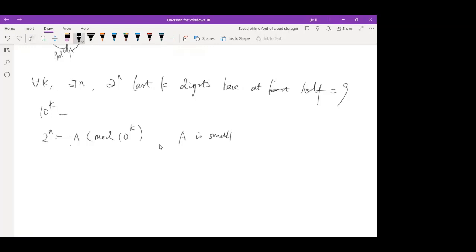And what should this number be chosen as? 10 to the kth power. So we know at least 2 to the kth power divides a. And let's think about it. If we do this one, can we just choose this a equal to 2 to the kth power?